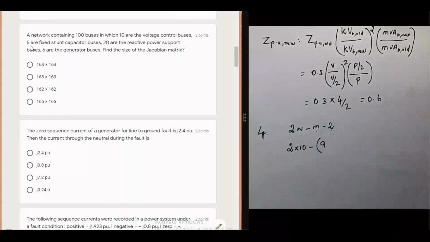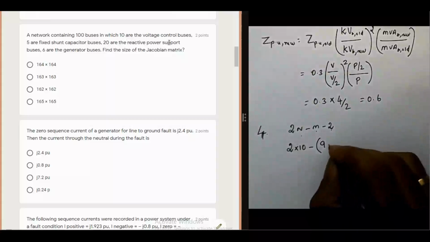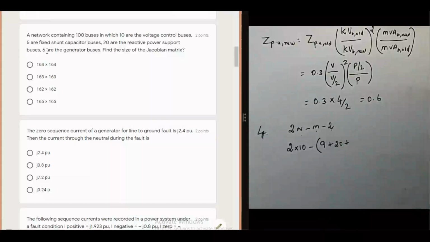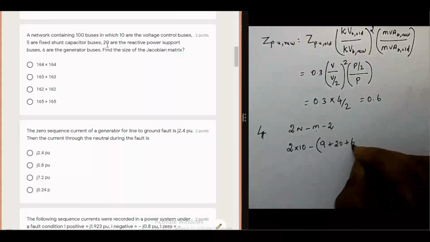Then second, 5 are fixed shunt capacitor buses. Fixed shunt capacitor buses are not generator buses; they are taken as load buses, so omit them. Then 20 are the reactive power supplied buses. This is also a generator bus, so plus 20. Then finally 6 are generator buses, so also take 6, minus 2.